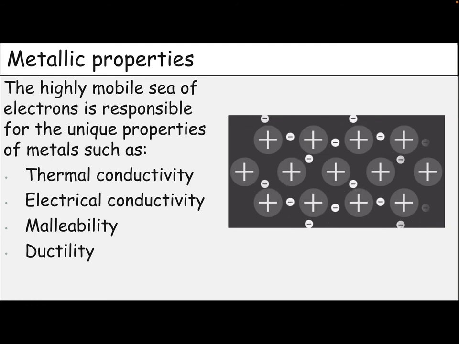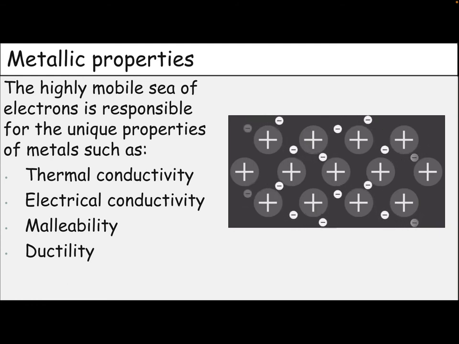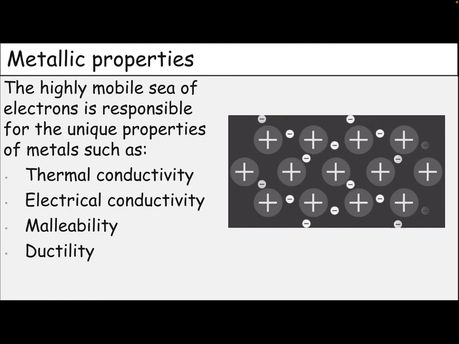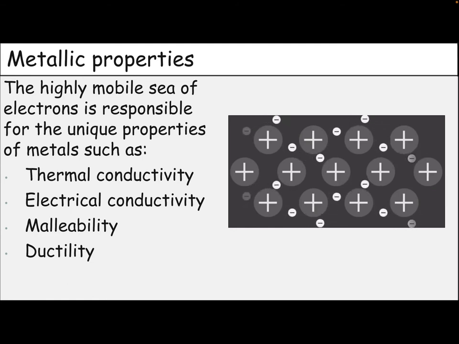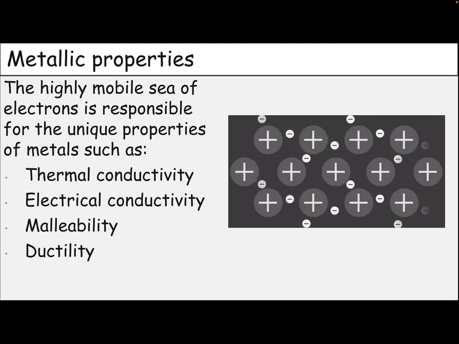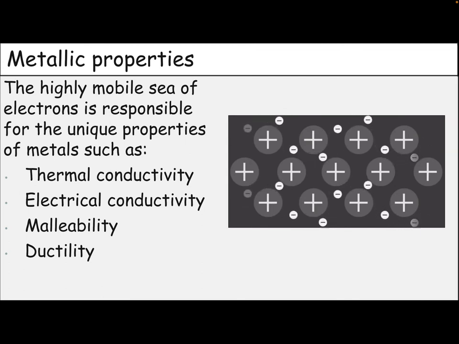So, if you go back to your learning goals, your learning goal is to be able to understand why metals are good at heat conductivity, electrical conductivity, malleability, and ductility. So you should be able to explain why metals have these 4 unique properties, and you should be able to understand and explain why.